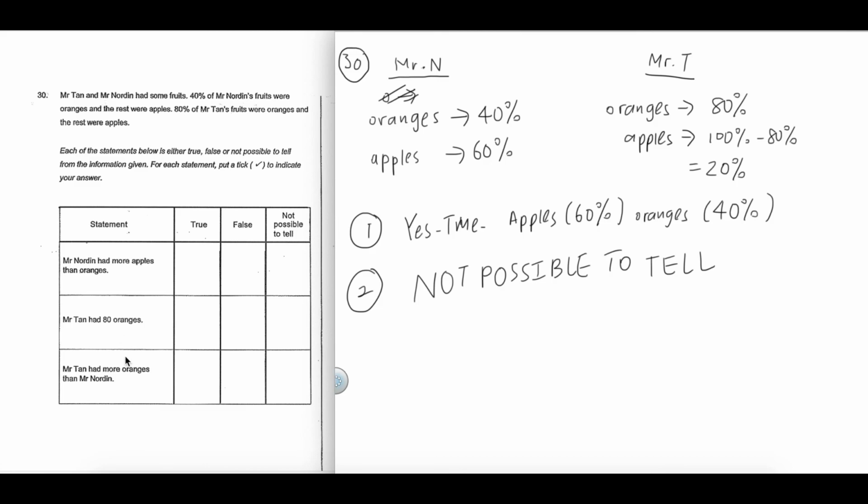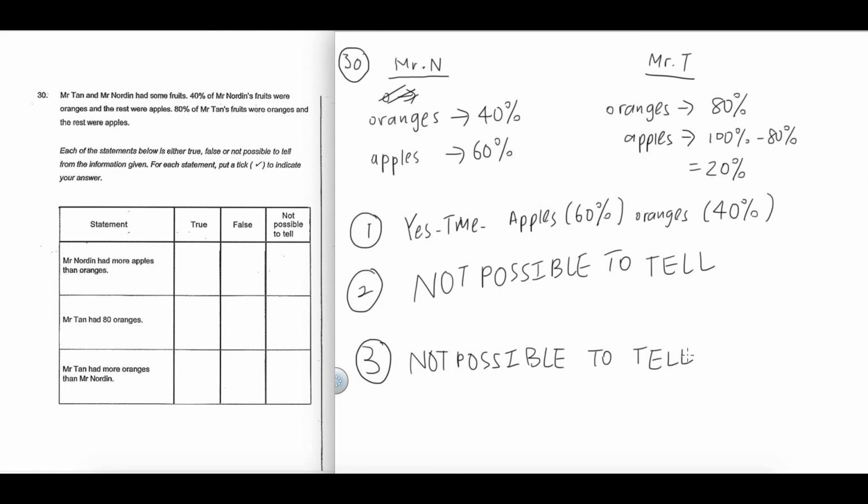So let's continue. Mr. Tan had more oranges than Mr. Nordin. Not possible to tell. Why? Like I said, I do not know how many oranges or apples they have. I do not have the total.